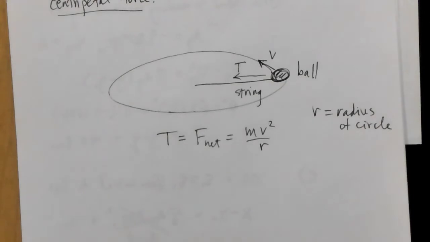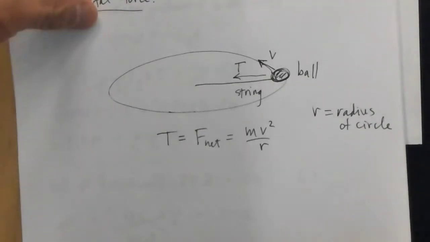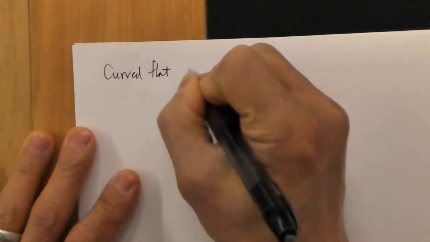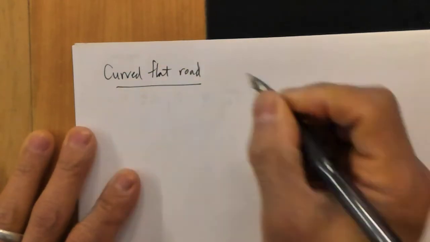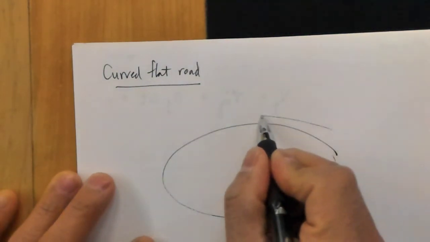Okay, let's take another example. Let's talk about a curved flat road. Let's say we have this road here.